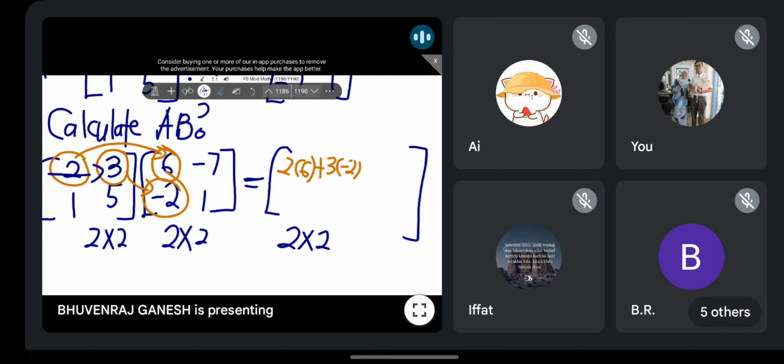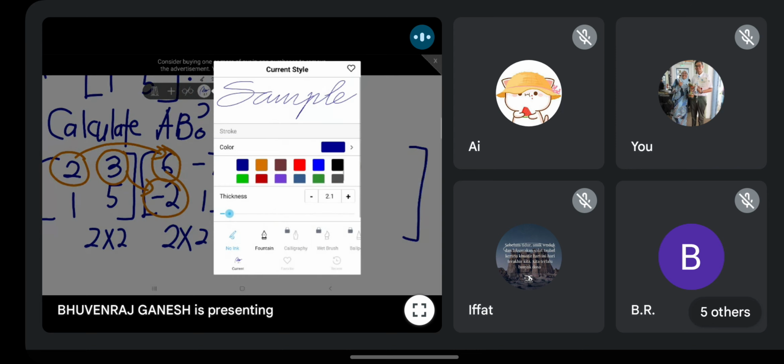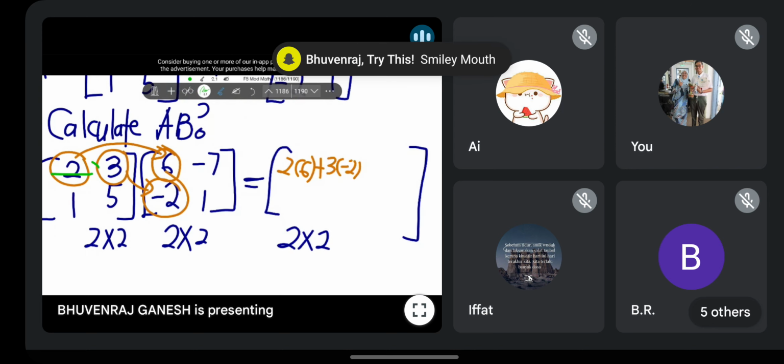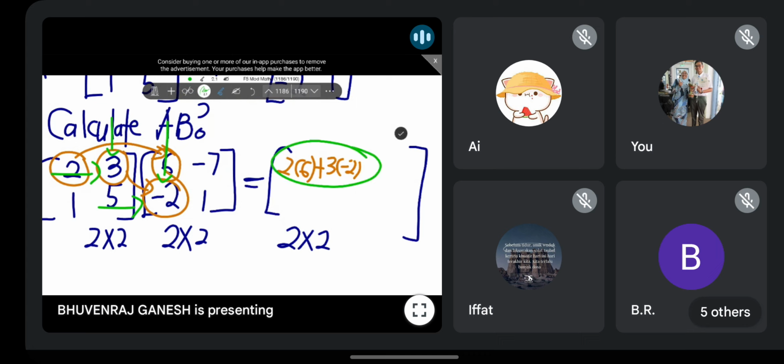Wait, I use a different color. Green. This is first row, second column. For the first matrix, you take the first row, second column, multiply with the second row, first column of the second matrix. Okay, guys, until here, can you understand how I write this one?